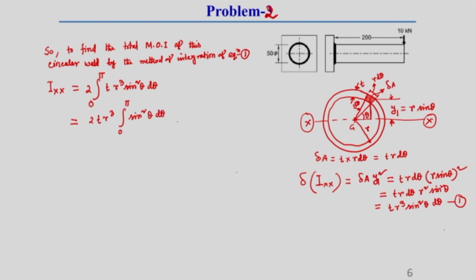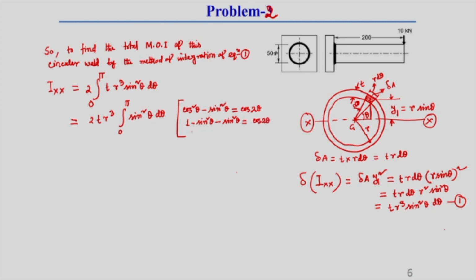Now, to do the integration of sin square theta d theta, we will use some common techniques, like we know cos square theta minus sin square theta equal to cos 2 theta. This is very well known to you. So, we can say 1 minus sin square theta minus sin square theta equal to cos 2 theta, correct.